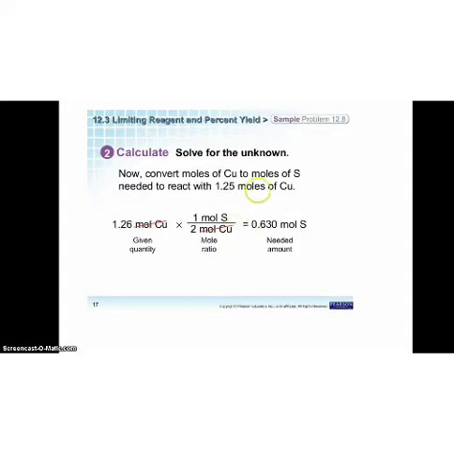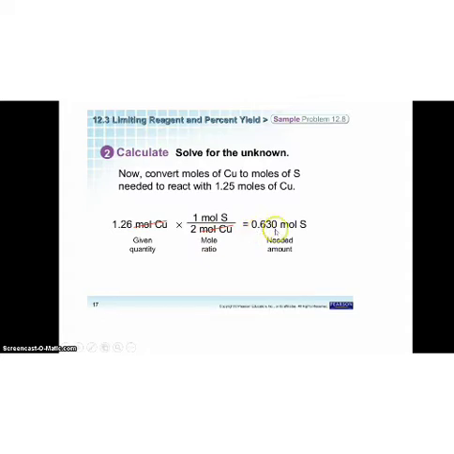So the first step is to convert the mass into number of moles. The second step is to convert the moles of copper to moles of sulfur needed to react with 1.26 moles of copper. The given moles of copper is 1.26, times 1 mole of sulfur from the equation, divided by 2 moles of copper from the balanced chemical equation.